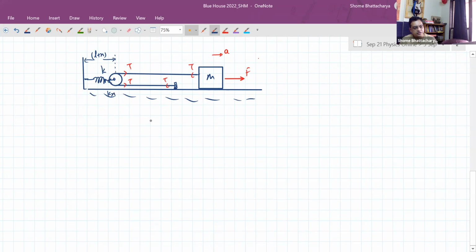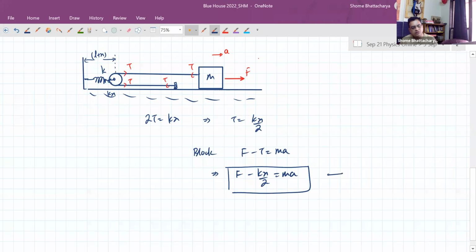So you can understand that 2T is equal to kx. So T is equal to kx by 2. And for the block, we have F minus T is equal to ma. So F minus kx by 2 is equal to ma.